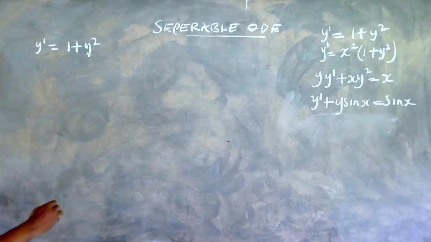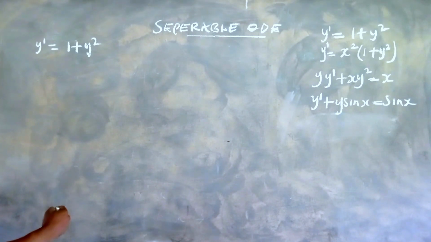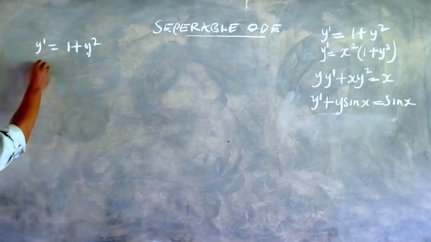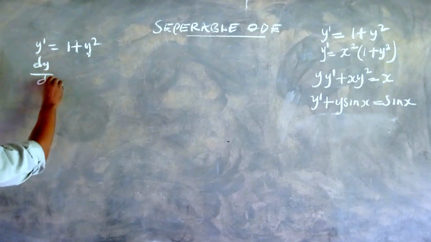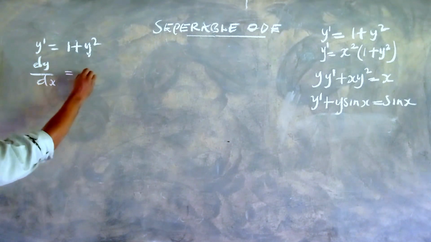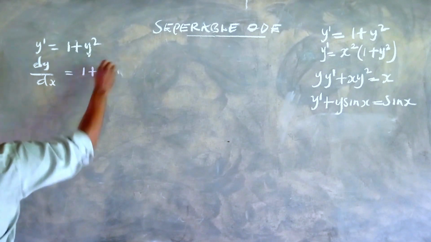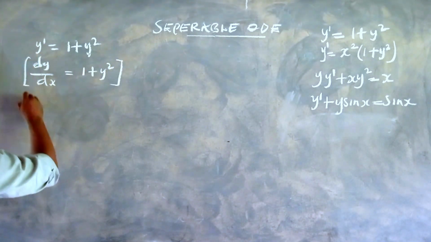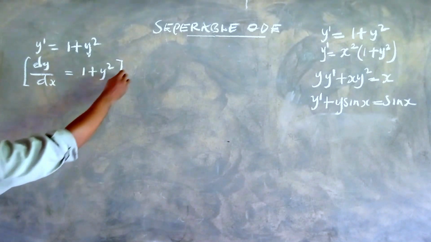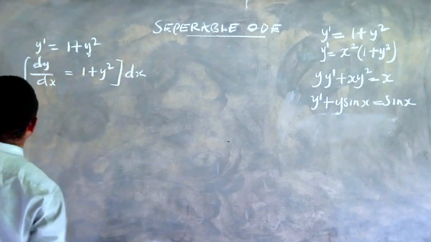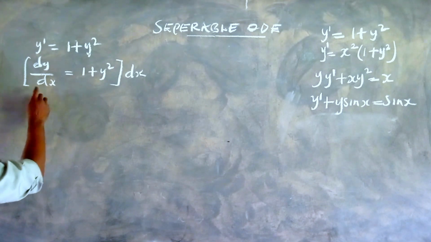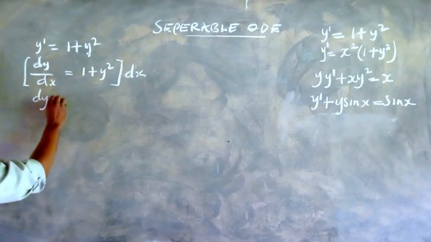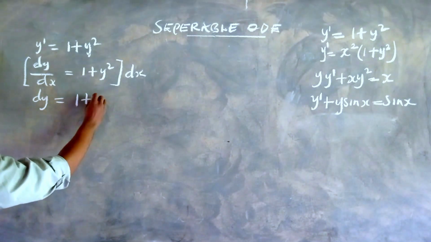So the very first differential equation we have here is y prime equals 1 plus y raised to power 2. We can rewrite this as dy/dx equals 1 plus y raised to power 2. What we intend to do when solving separable ODE is get all the components of the differential equation on the appropriate side so that we can integrate and then obtain the general solution.